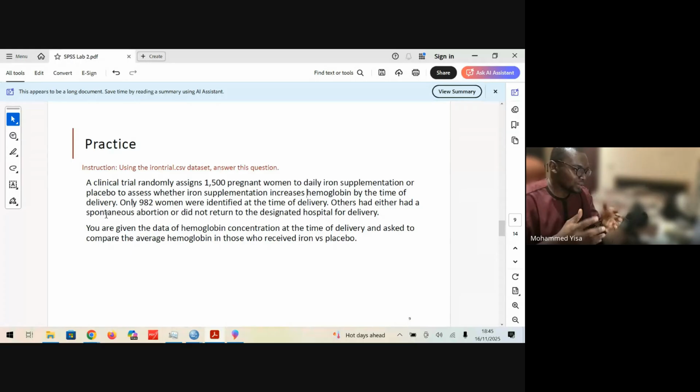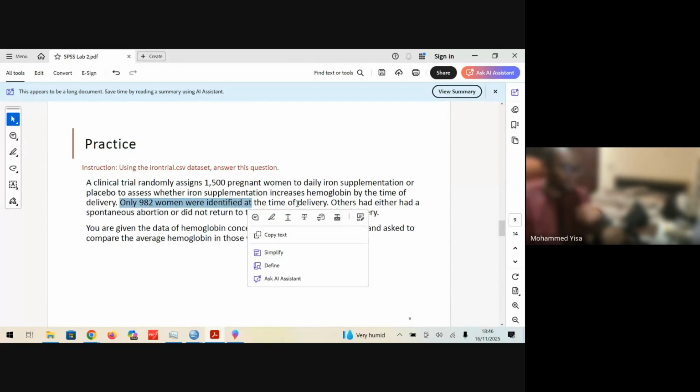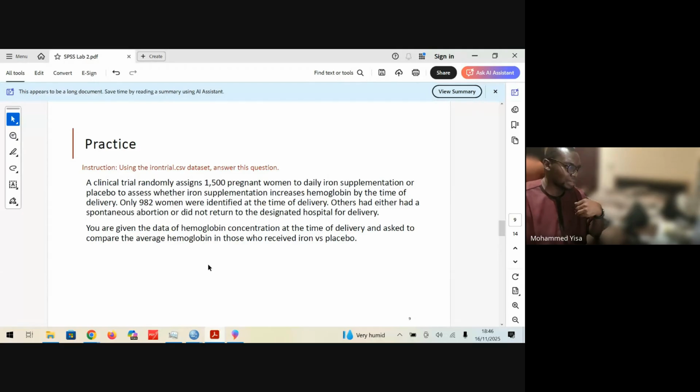A clinical trial has randomly assigned 1,500 pregnant women to daily iron supplementation or placebo to assess whether supplementation increases hemoglobin by the time of delivery. So only 982 women were identified at the time of delivery. That means some of them fell off from the follow-up.